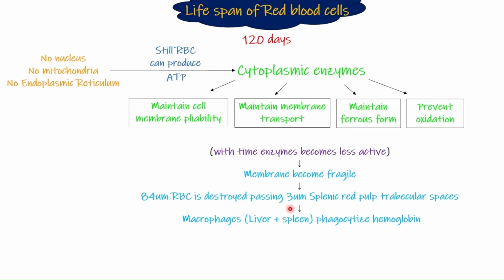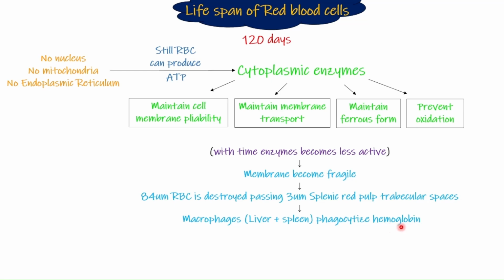When they are destroyed, in the liver and the spleen there are already macrophages present. These macrophages will phagocytose the RBC, and specifically the hemoglobin present inside the red blood cells. Now, when the hemoglobin is phagocytosed and the RBC is dead after 120 days, what is going to happen with this hemoglobin? As you know, hemoglobin is made up of heme and globin.